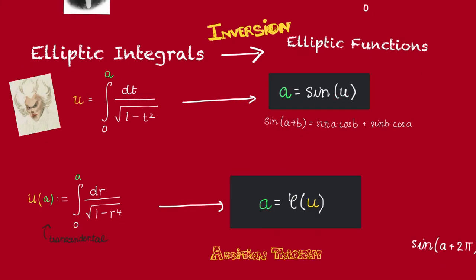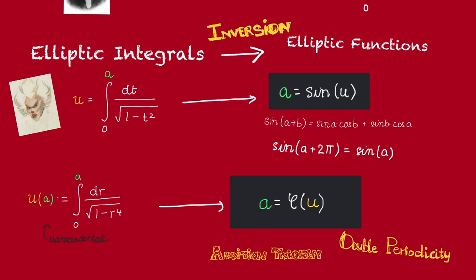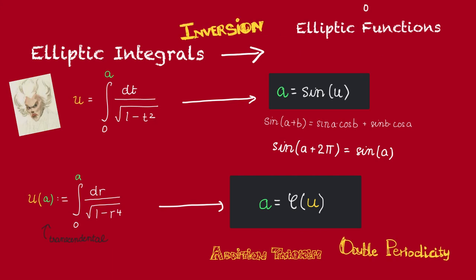And then there should be some kind of periodicity. In the next video, we're going to see how Abel proved the addition theorems and double periodicity of these elliptic functions. Actually, he proved this for specific elliptic functions called, aptly so, Abel elliptic functions.